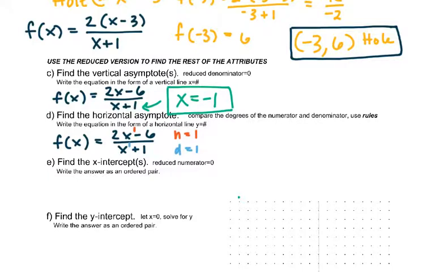And so if the degree of the numerator and the denominator are the same, then we say y equals a over b. And a and b come from those leading coefficients. So in this case, I'm going to get y equals 2 over 1, and 2 over 1 just simplifies to 2.